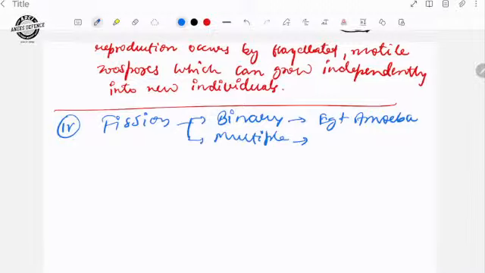You have a good level of knowledge about amoeba, which we have been studying since classes 9-10. For multiple fission, if we are asked, we can write Plasmodium. Understood? This is the multiple fission example and this is the binary fission example. You should know about this also.